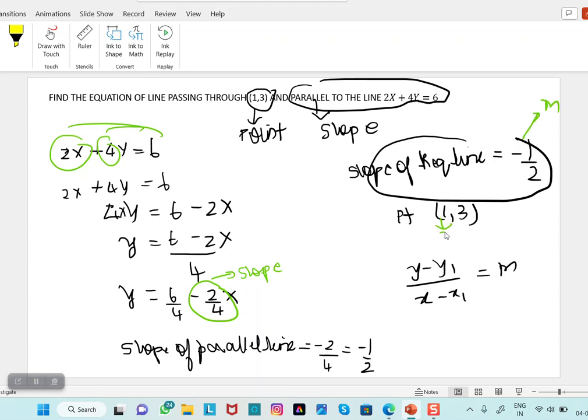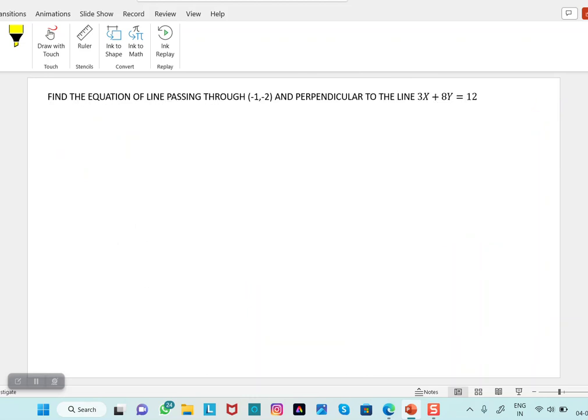Here the first coordinate will become x1, second coordinate will become y1. So we get the required equation as y minus 3 upon x minus 1, and m is minus half. That is our equation of a line.